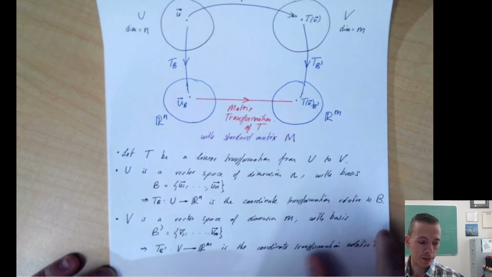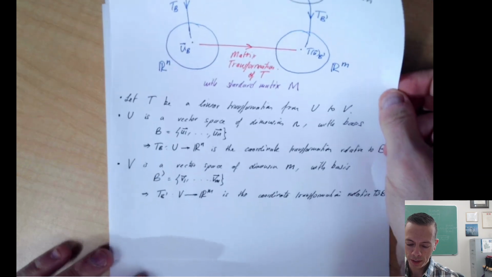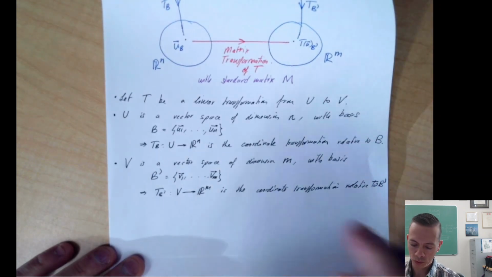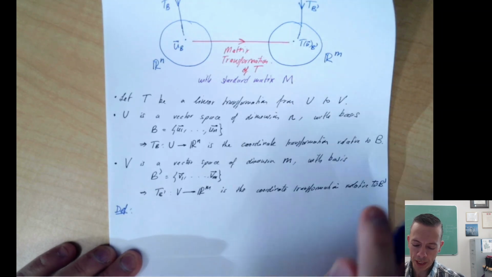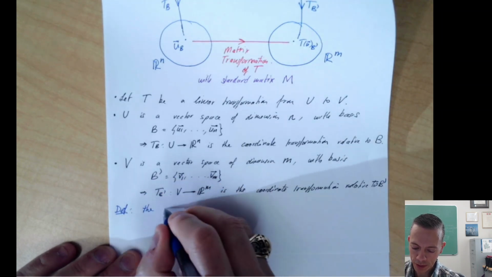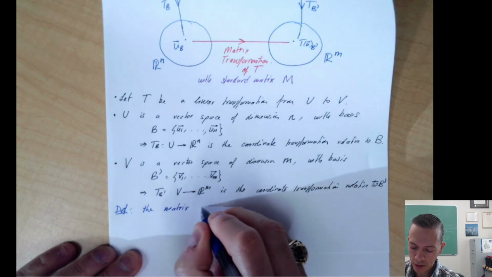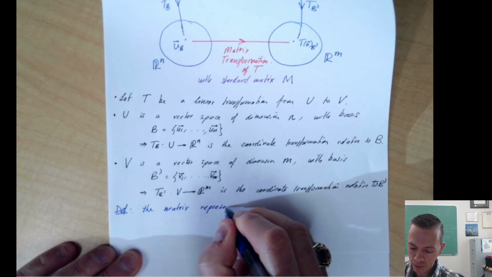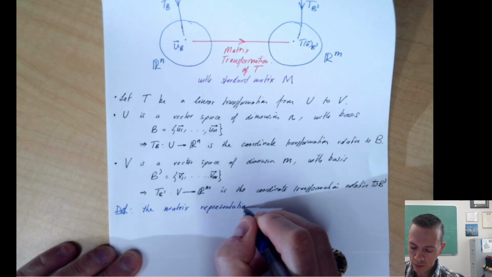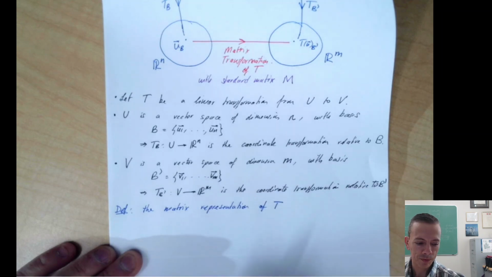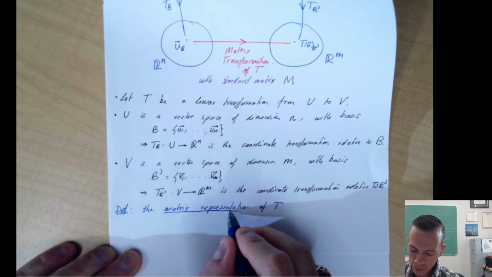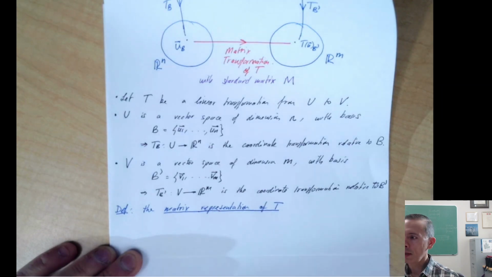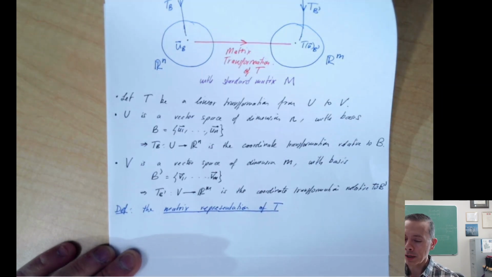So now that everything is defined, we can define the topic of this section, which is the matrix representation of T. Which again is going to depend on the choice of our two bases, B and B prime.